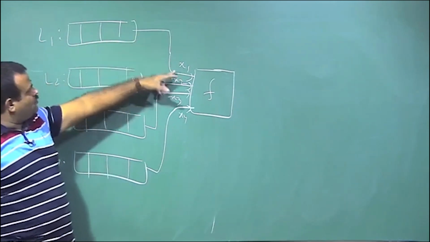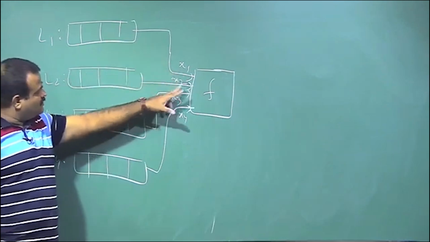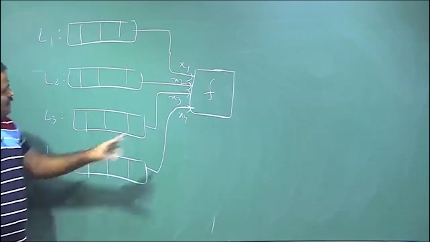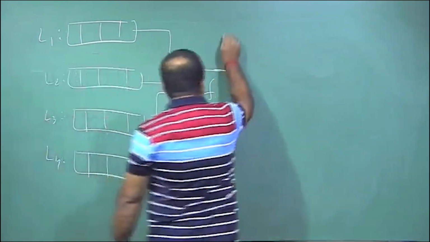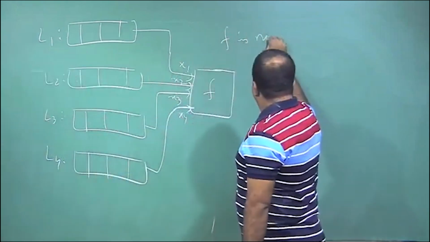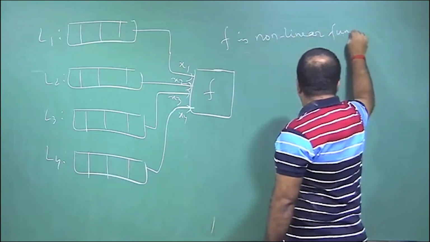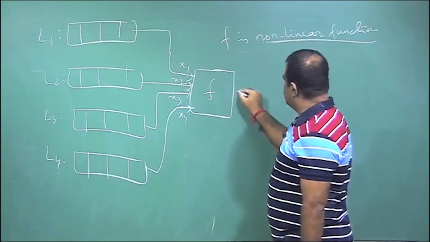Each is giving an output key stream. Each output of these LFSRs is linear, but here f is a non-linear function.